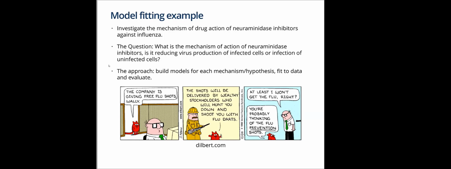It could reduce virus production because the virus is stuck to the cell and can't come out, or it can reduce the rate at which cells become infected. So if those are our mechanisms or our hypotheses, we can build models for that. If we have the right kind of data, we can fit the models to the data and evaluate which model, and therefore which mechanism, is more supported by the data.